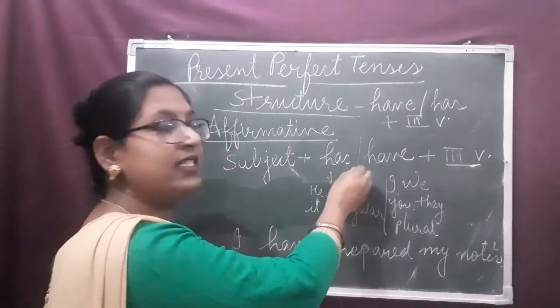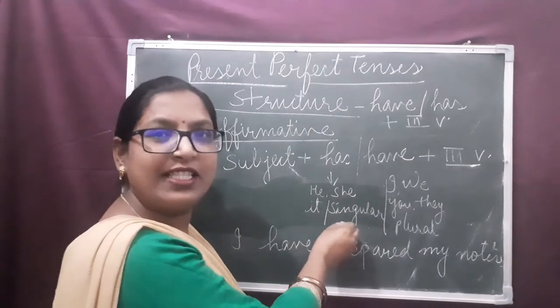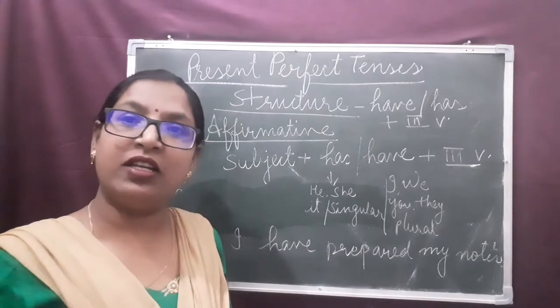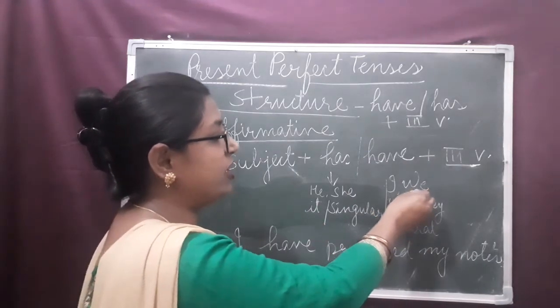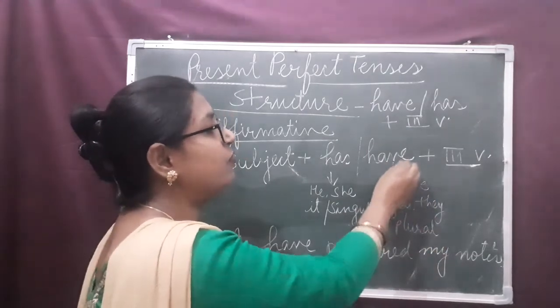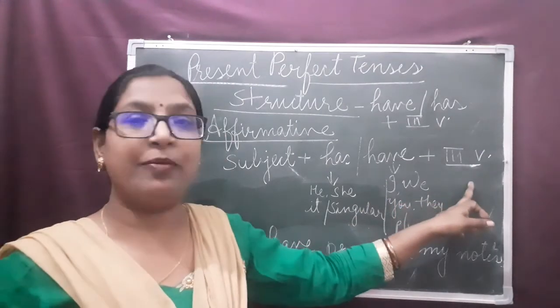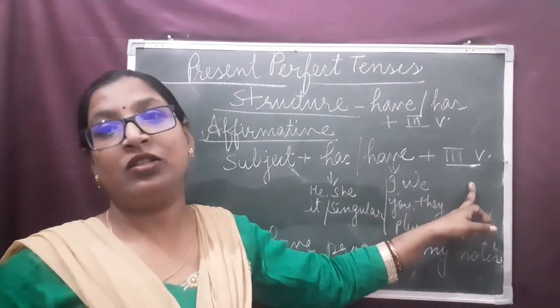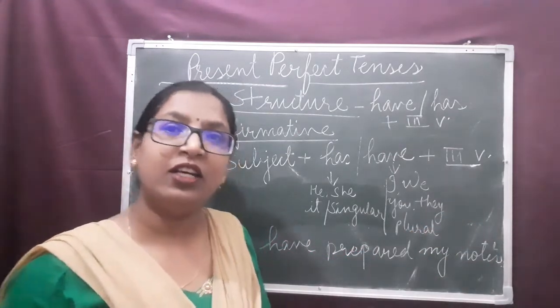We use has when the subject is he, she, it, or any singular subject. Clear? We use has. And when the subject is I, we, you, they, or any plural subject, we use the verb have. And the main verb is in third form. We use the past participle form of the main verb.